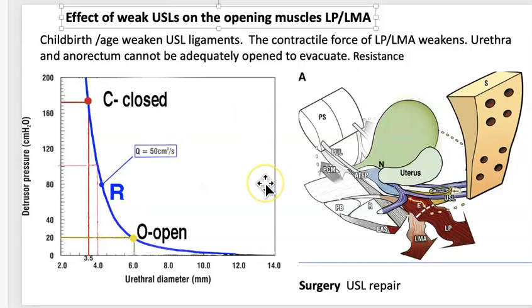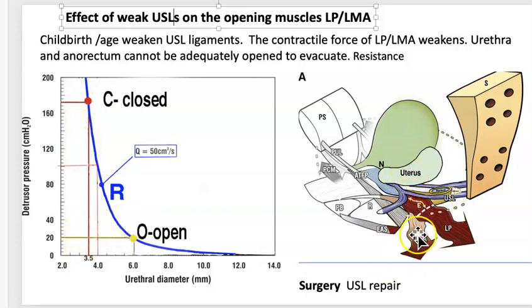It's quite complex, as Ahmed will tell you later on, but very briefly, the rectum is actively opened by these muscles, as is the urethra, and it shows that if the ligaments are loose here, you can't open either the rectum or the urethra. So let's look here. If you can't open it, and the bladder and the rectum has to push through an unopened anus or urethra, you need a very high pressure to get a decent flow.